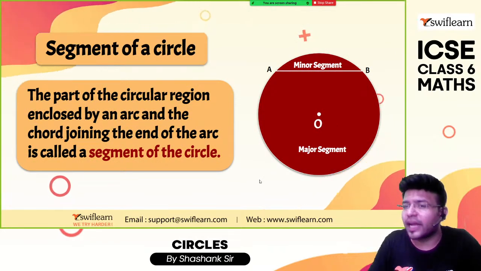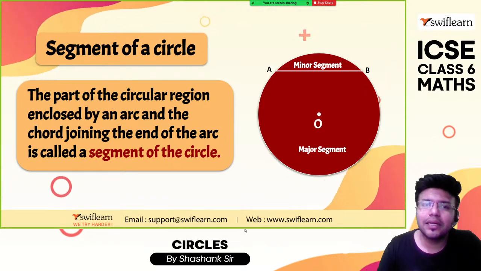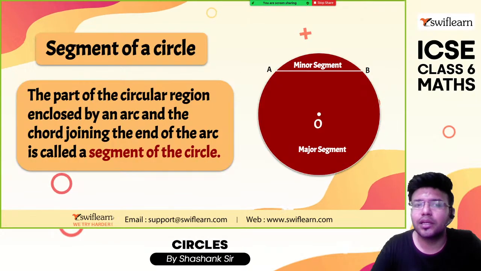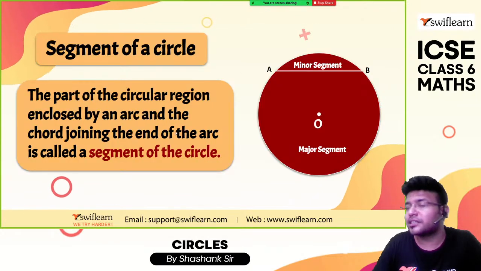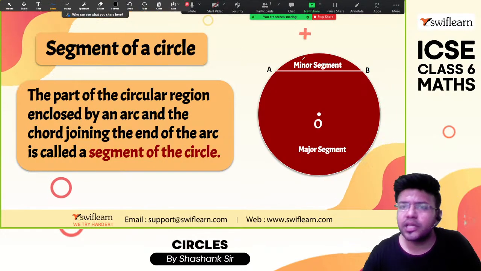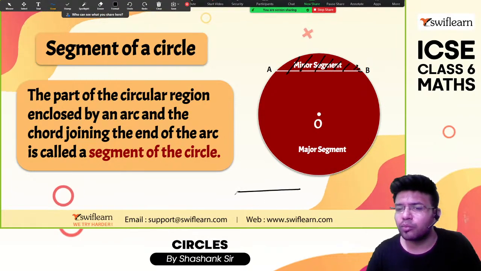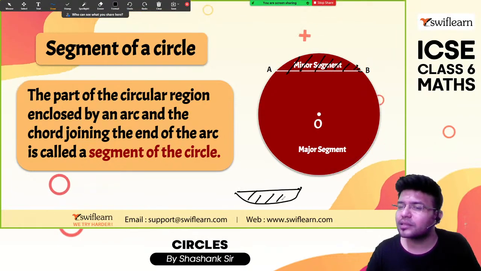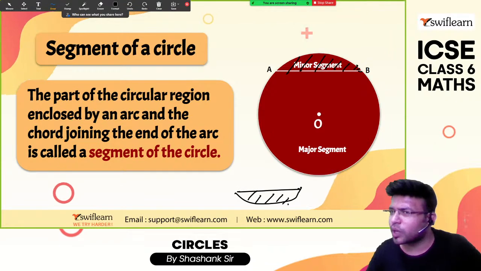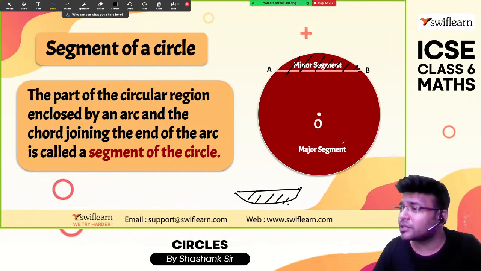Now, segment, major segment and minor segment. Look, what is a segment here? Can you see this portion which I have shaded? This portion is known as a segment. The small one is known as the minor segment and the large one is known as the major segment.